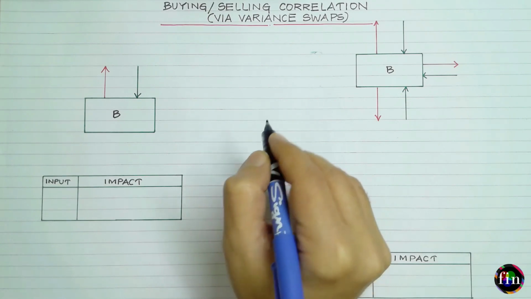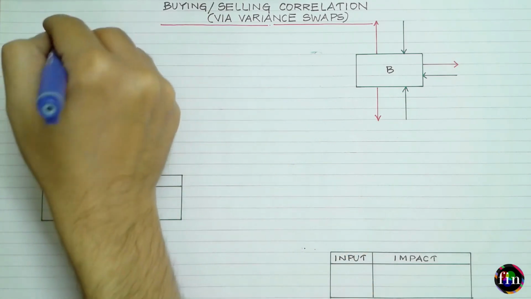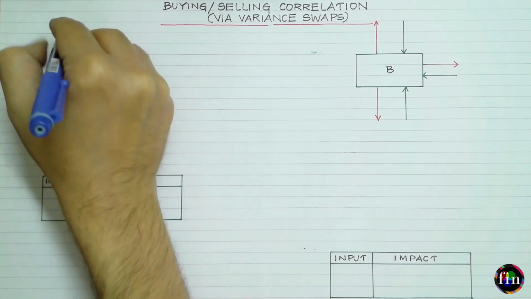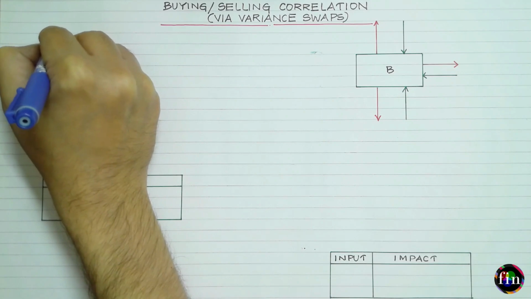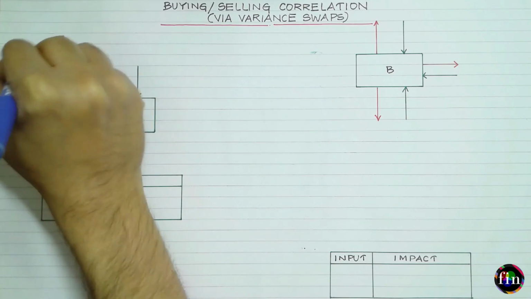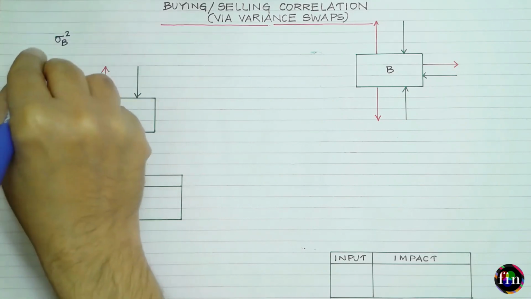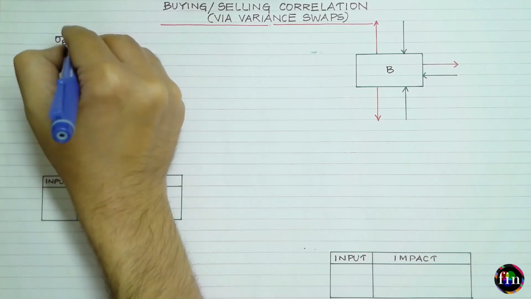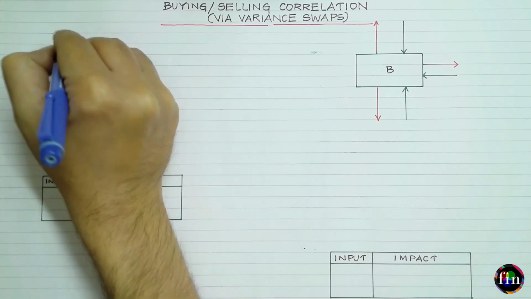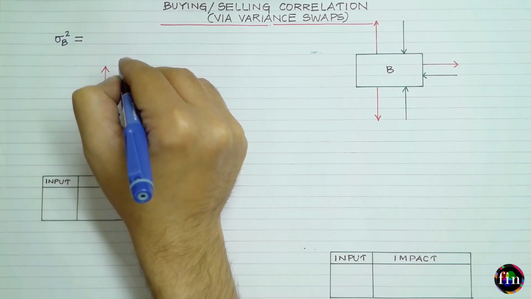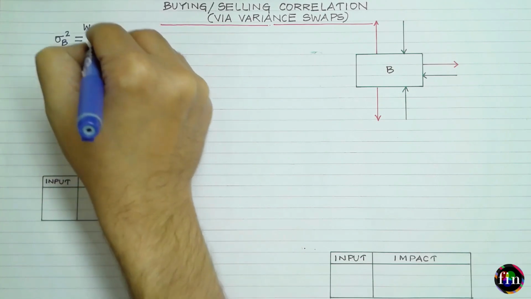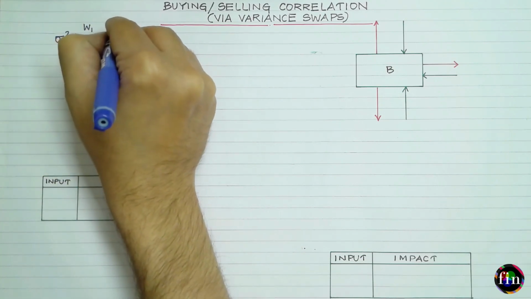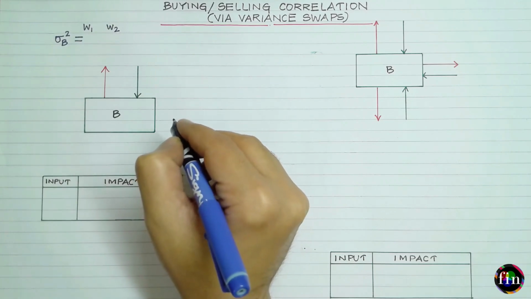Okay, so let's begin. The guiding relationship that we should keep in mind is how the volatility of the basket, let's call it sigma b, or I should say actually the variance of the basket, sigma b squared, is linked to the variance or volatilities of the individual stocks. I'm assuming that the allocations which this basket has to stock 1 and stock 2 are respectively W1 and W2.